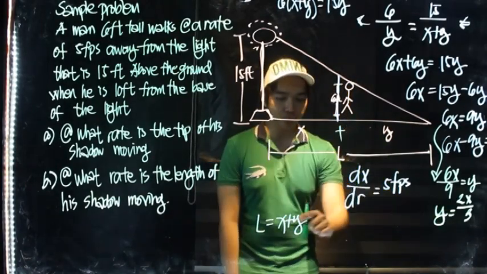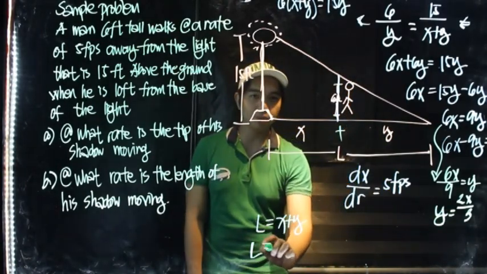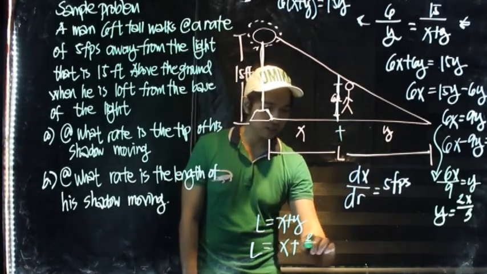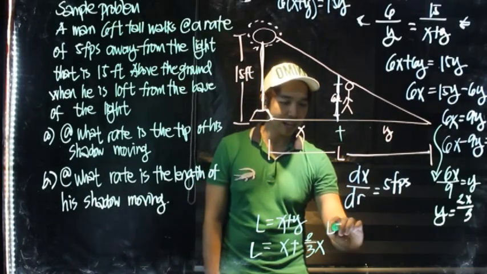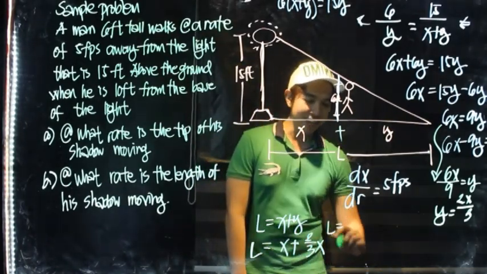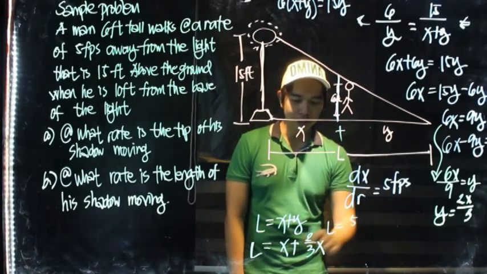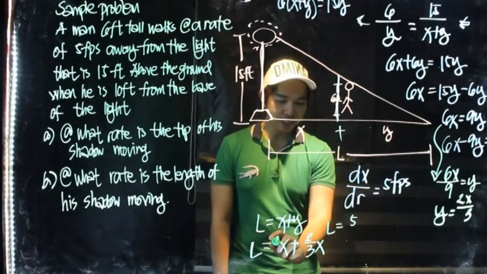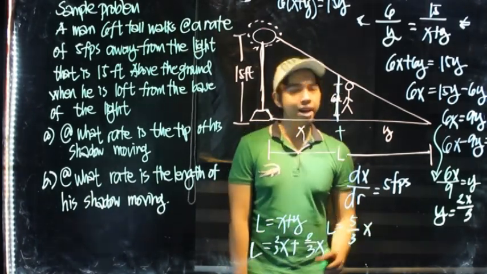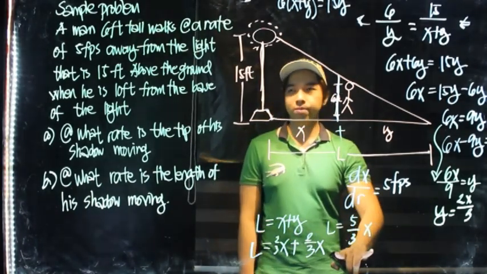We can simply substitute that here, so that the length would then be equal to x plus 2/3 x. So L will then be equal to 5/3 x, since 3 plus 2 is 5. And this will be our first equation.